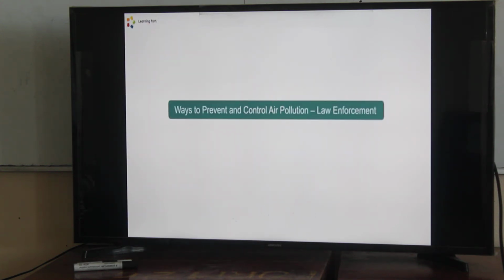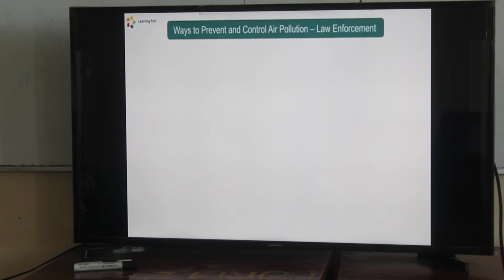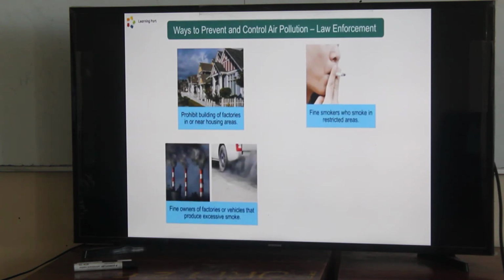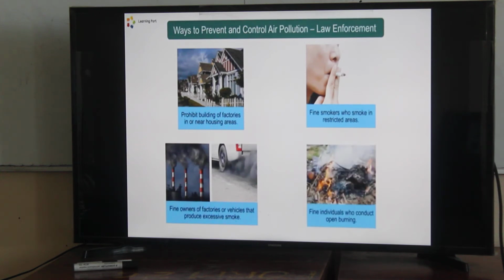Let's look at some of the ways to prevent and control air pollution under law enforcement. We can prohibit the building of factories in or near housing areas. Fines should be imposed on smokers who smoke in restricted areas. Owners of factories or vehicles that produce excessive smoke, and individuals who conduct open burning.